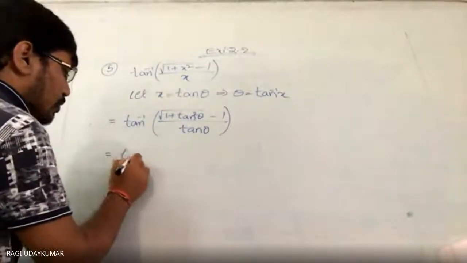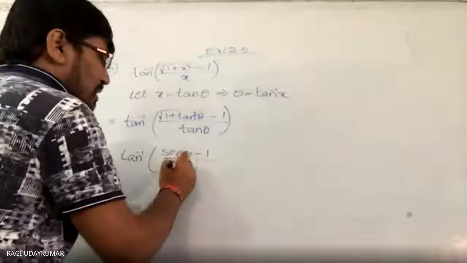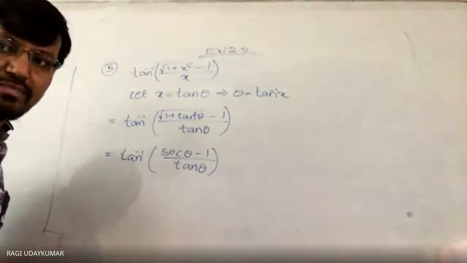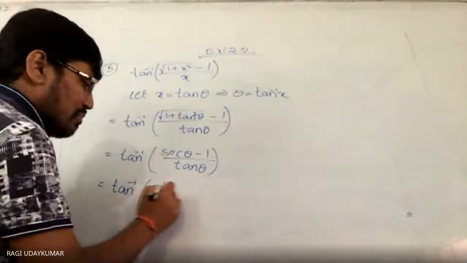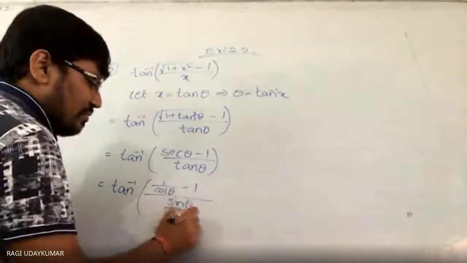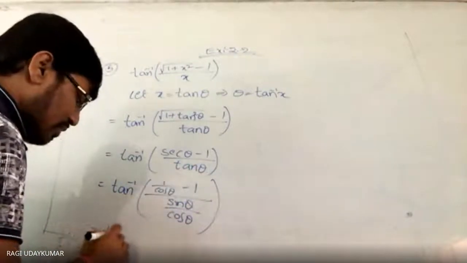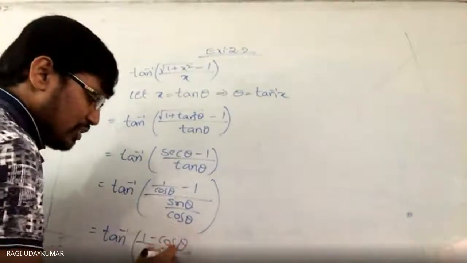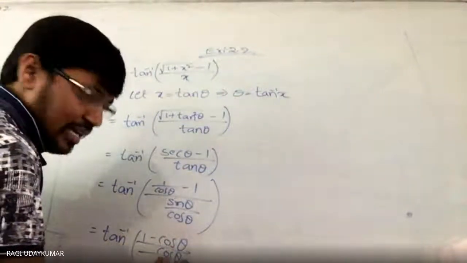So it is tan inverse of secant theta minus 1 by tan theta. This can be written as tan inverse of 1 by cos theta minus 1, by sin theta by cos theta. Doing the LCM in the numerator, we get tan inverse of 1 minus cos theta by cos theta, by sin theta by cos theta.